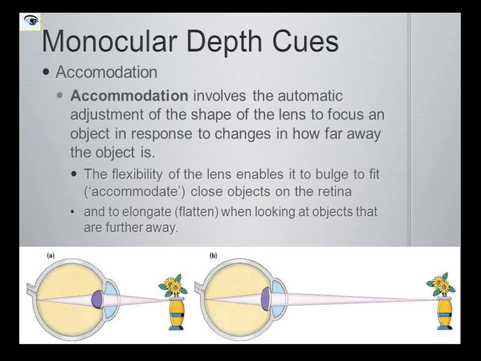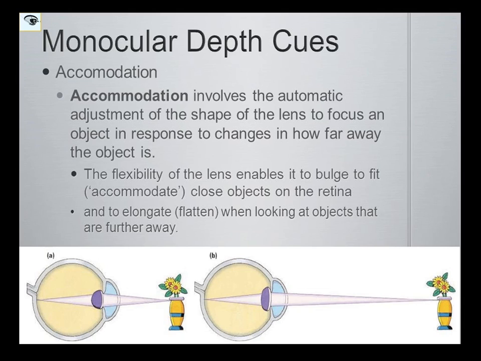The thickness of the lens increases. The signal about the degree of contraction of the muscle is sent to the brain, and that provides the cue for the distance, an indicator for the distance.